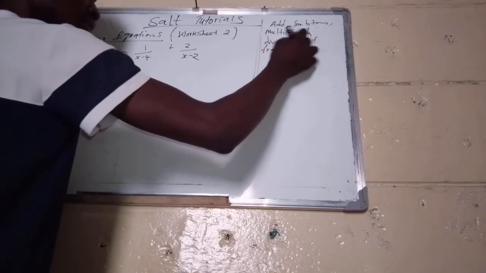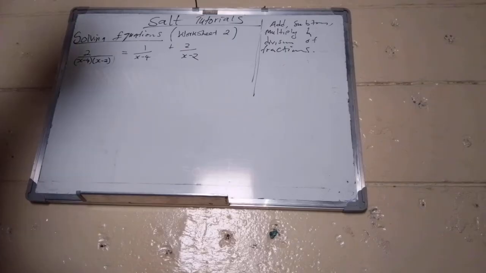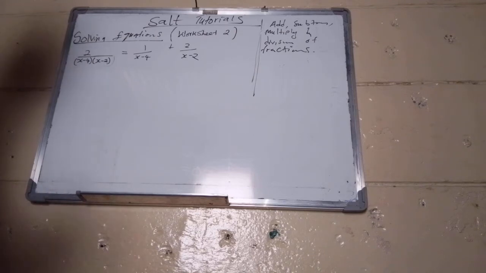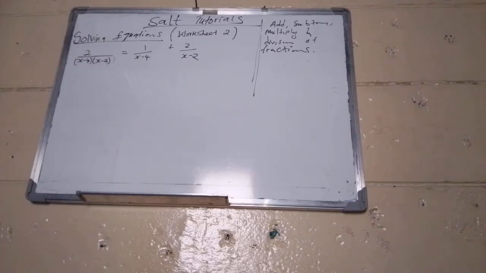If you do not know, I'm sure you still have some books from earlier grades. Go through them, what you were doing on addition and subtraction of fractions. Yeah. So now let's start.